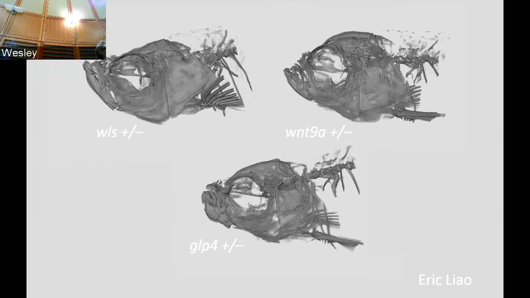Very nice talk. I was curious, you already mentioned that you're going to be looking at regions to see if there are differences. But in the heads, regardless of the knockout, are there certain regions where you're seeing more penetration? Rich, sorry, are you talking about these fish?